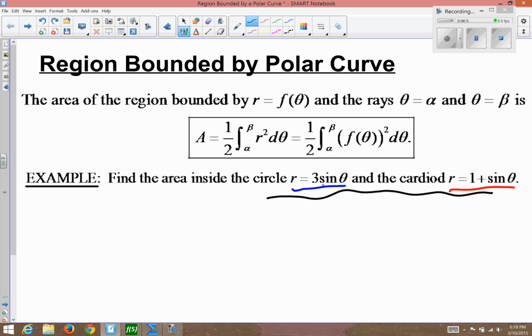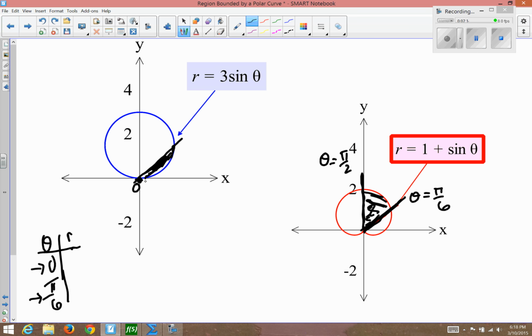So the area of the blue part is 1/2 r. For the blue, r is 3 sine theta. So 1/2 r squared d theta. And integrating that, if we said that blue part is going to integrate from theta equals 0 up to theta equals pi over 6. That's to get this little sliver here.